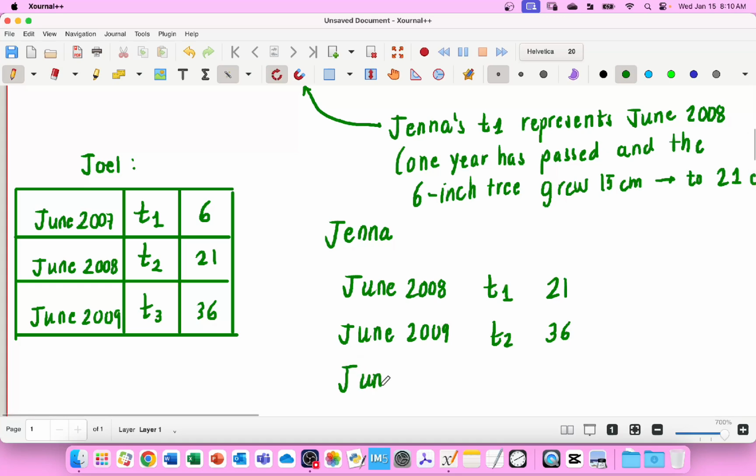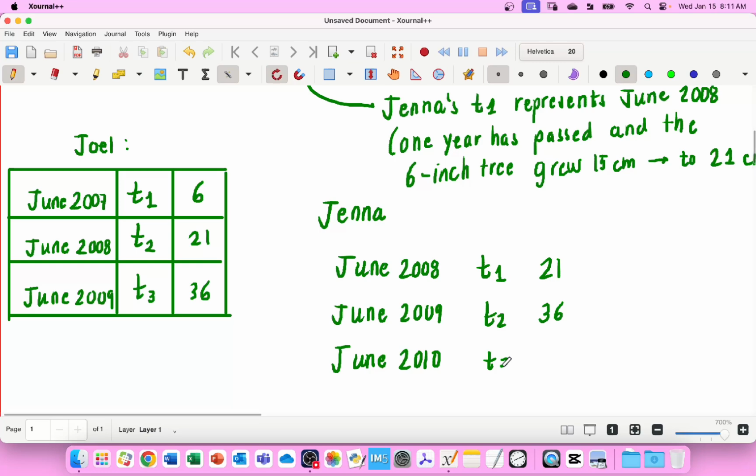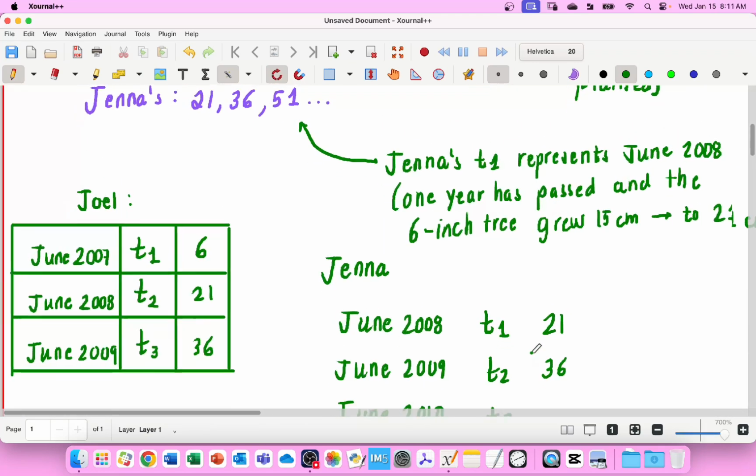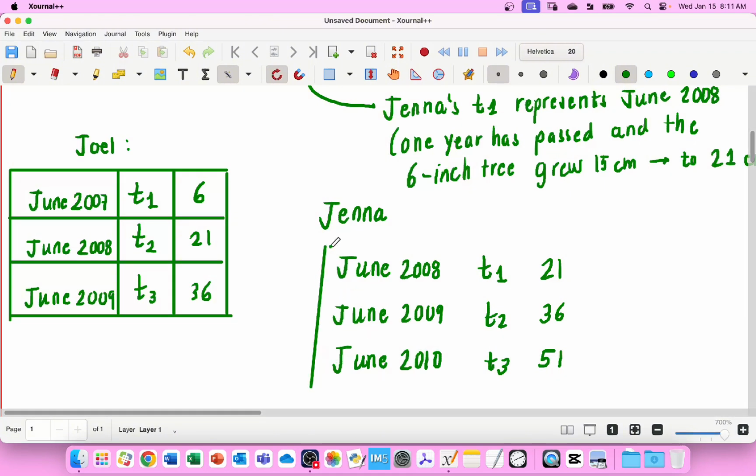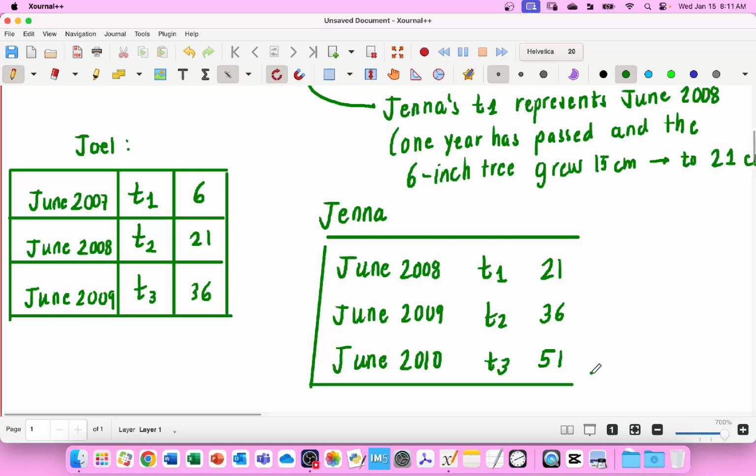June 2010, T3 was 51. So neither of these is wrong.